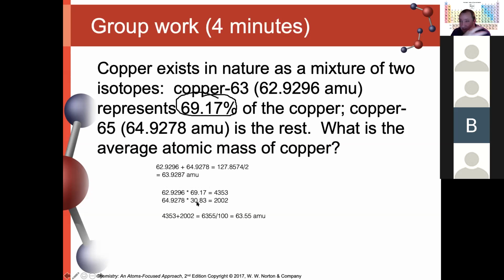And if you do that, you mess up your decimal place, you end up messing up everything else. It's a lot easier to add these big numbers together and then go, okay, well, there's no such thing as a molar mass or an atomic mass of 6,000. I need to divide by my 100 now. And when you do that, that 63.55, that is the number that's on the periodic table for copper. And that's how you know that you've done it close to correct. You should be really close to that number, not just vaguely in the ballpark.